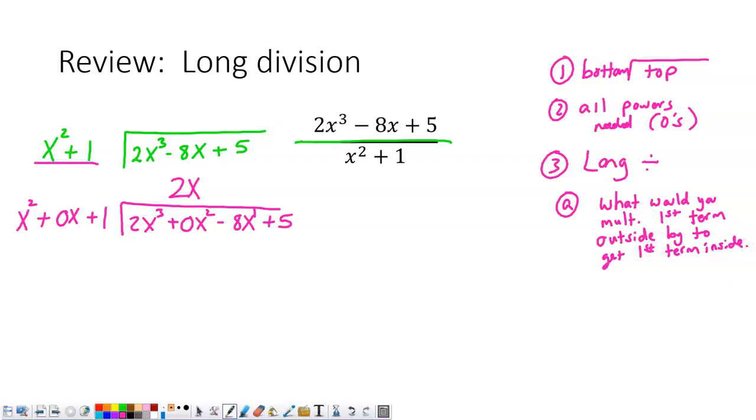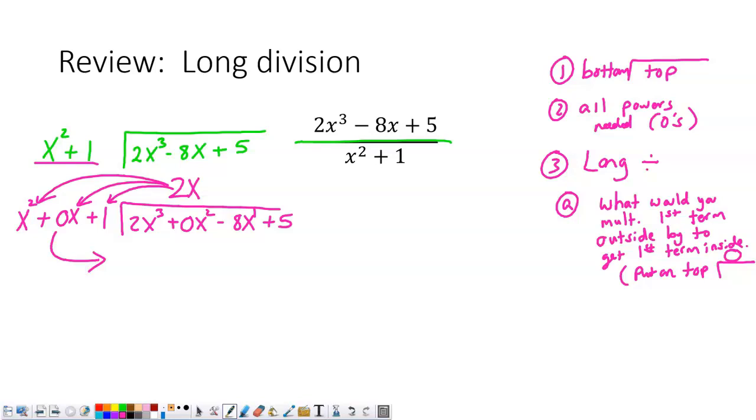What would you multiply the first term outside the brackets by in order to get the first term inside the brackets? And you just put that on top of the brackets when you're done. All right. The next thing we're going to do is take that term and multiply it by all 3 terms, and then put them underneath.